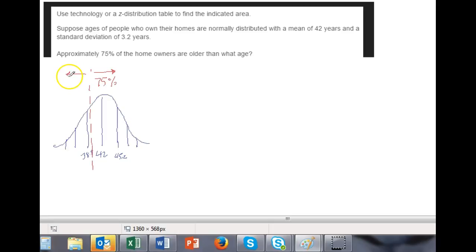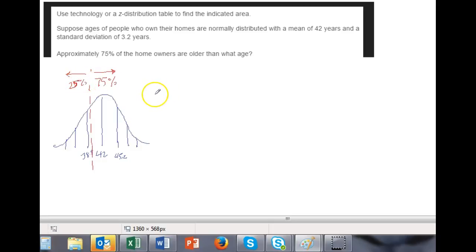Anytime we draw a line pointing to a particular data point on this distribution, it cuts the data into two pieces that add up to 100%. So if to the right of that line is 75% of the people, to the left of the line would be 25% of the people.